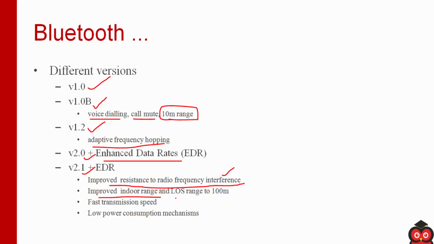The line of sight range is increased to 100 meters. Previously in version 1 it was 10 meters, and in this version it is increased to 100 meters, the transmission speed is also increased, and the power consumption was reduced.